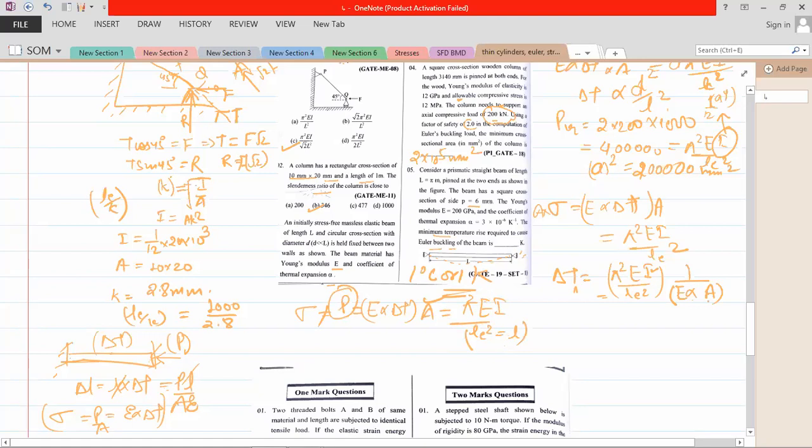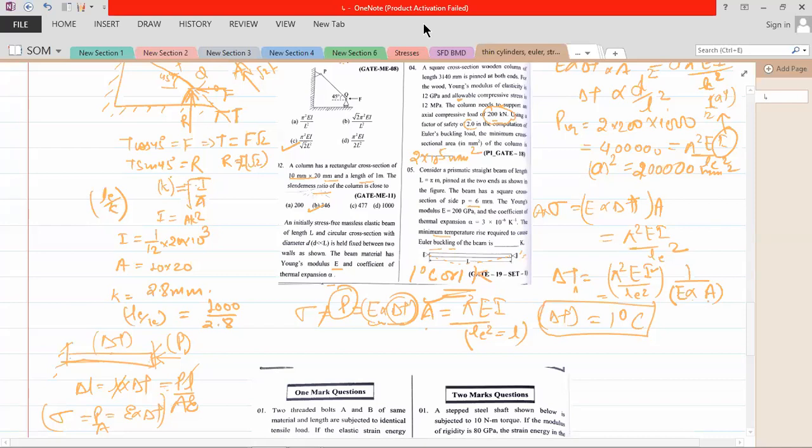Now you know the value of E, that is given 200 gigapascal. Your value of I, because it is 6 mm, you can get 1 by 12, 6 cube. Area is given, that is 6 square. Your delta T you need to find, alpha is given. So everything is given except delta T. You can just substitute it this way, and you get delta T is equal to 1 degree Celsius. So is it okay?